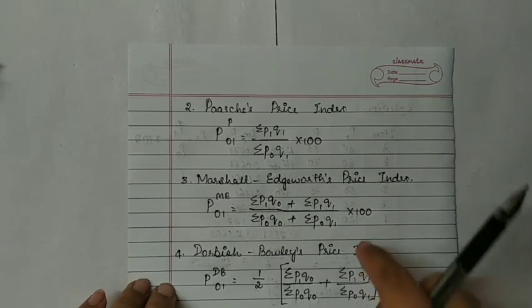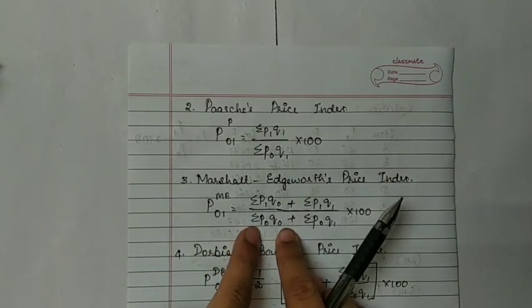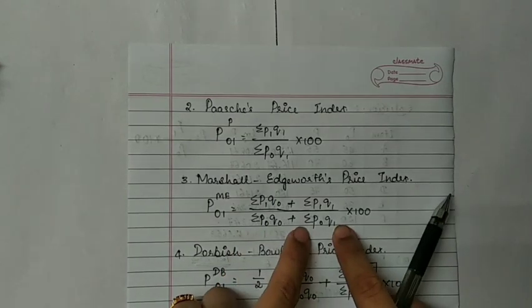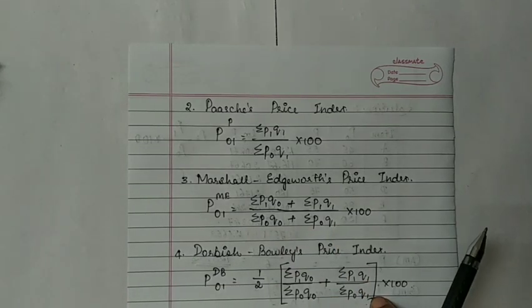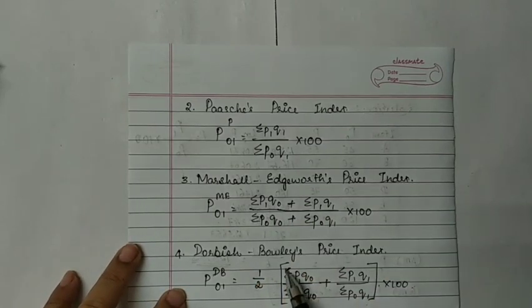This again is similar to the previous one. Here first part was Laspeyres, second part was of Paasche. Here also same thing. But there we added the first two, but here we are adding the entire formula.